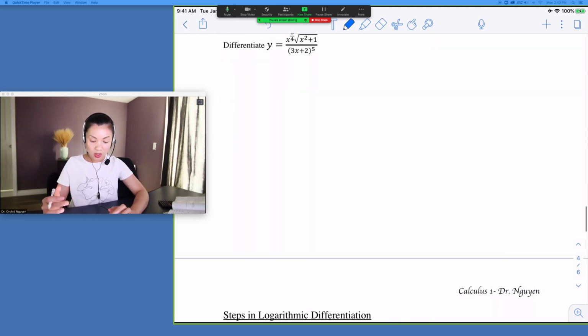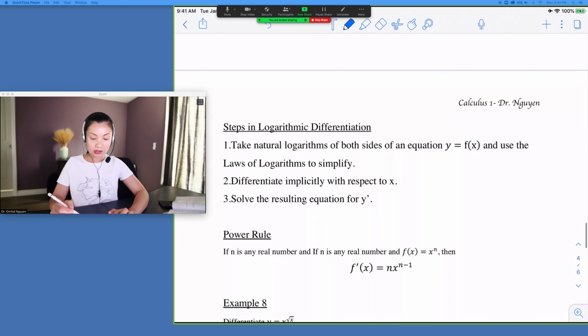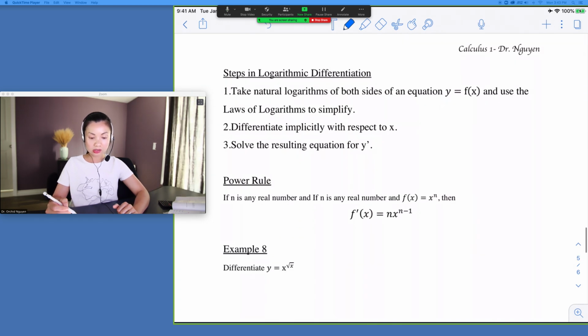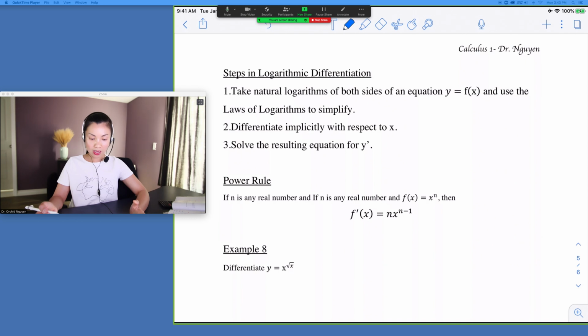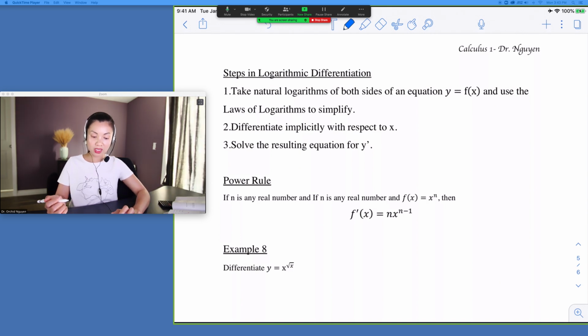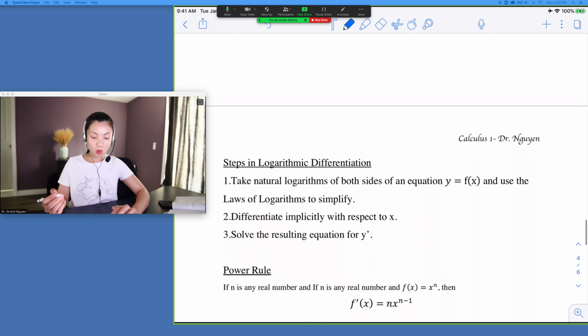The reason you want to apply log is so we can simplify it. So these are the steps for the log differentiation. First, you take the natural log on both sides, and then we use the laws of log to simplify it, and then we differentiate implicitly with respect to x, and then we solve for y prime.